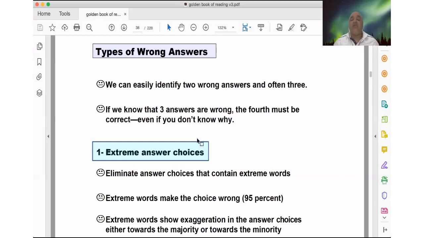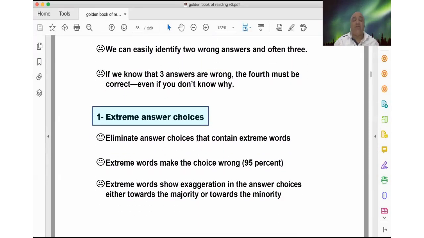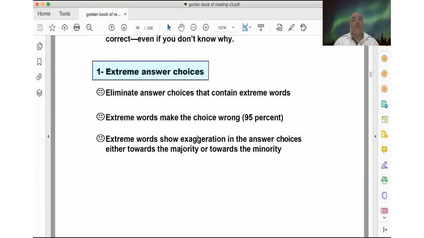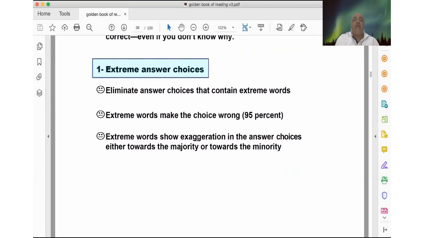Wrong answer choices have about 7 attributes. There are 7 qualifications of the wrong answer choice. Today, I'm going to talk about one of the attributes of the wrong answer choice, which is extreme answer choices. We should eliminate any answer choices that have extreme words.